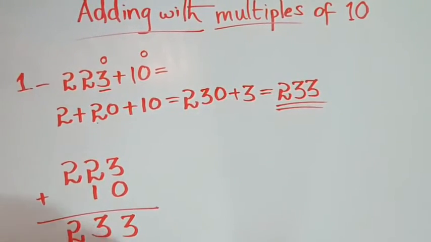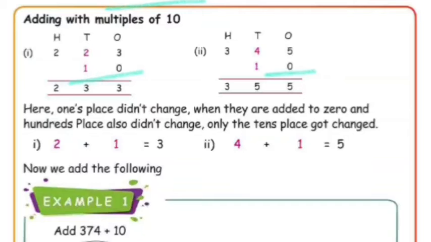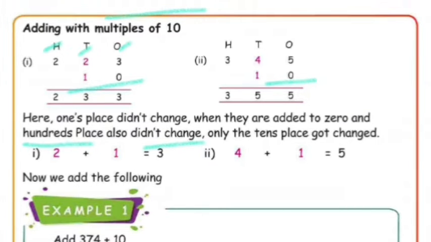Okay, so 233. Here the ones place did not change when we added 0, and the 100s place also did not change, only a change in the place of tens. So look over here, 3 stays, 2 plus 1 is 3, and then 2 as it is you have to write.